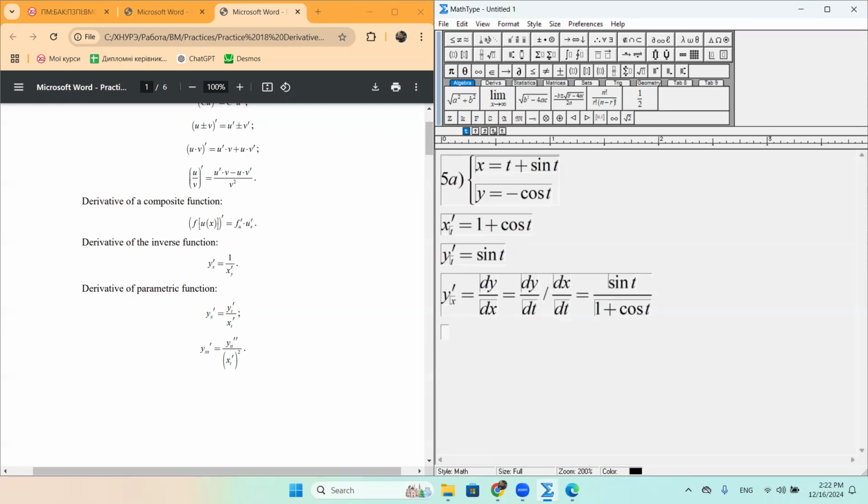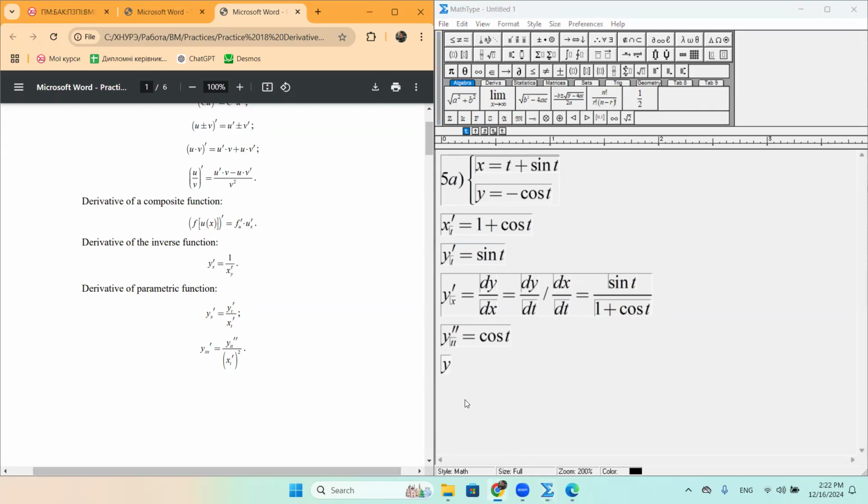We need to differentiate y by t once more. So let's do it. By the way, we can also use t squared here instead of t by t, but just for your information. So the derivative is cosine of t. And next, we basically have everything for the second derivative. Let's write it.